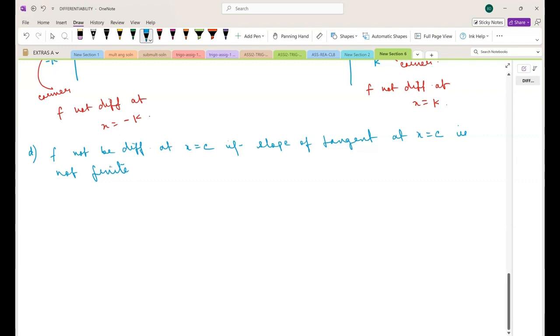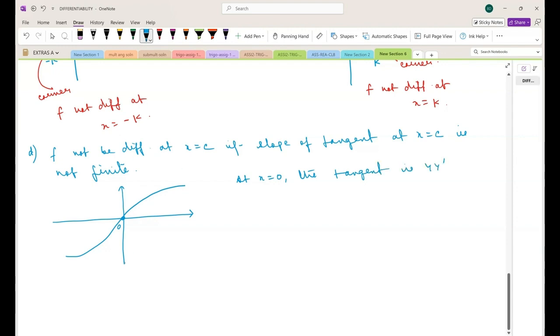Now, what do I mean by this? Say you take this graph. This is the origin. Now, at the point 0, at x equal to 0, the tangent is y dash.